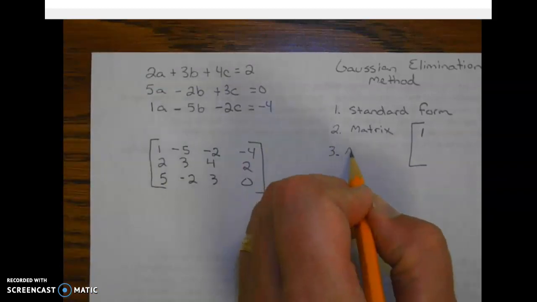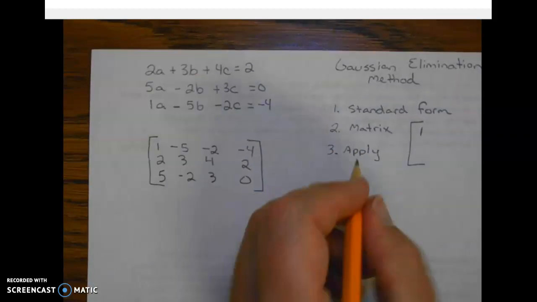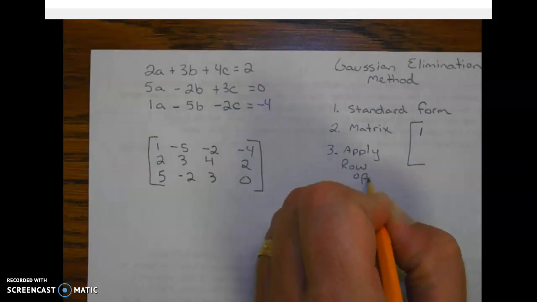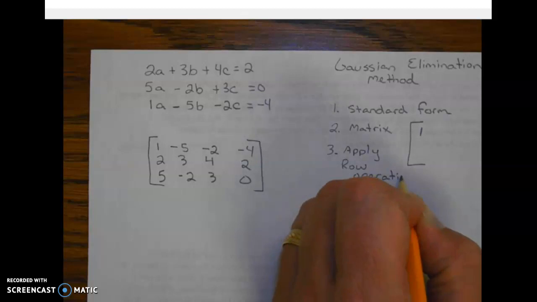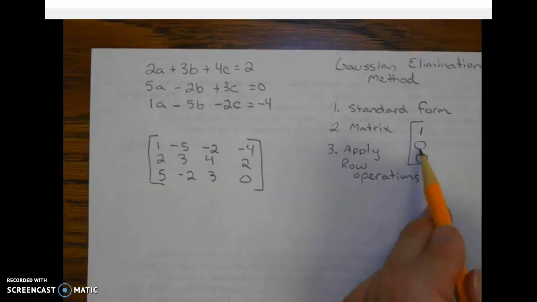Next, we need to apply the row operations, which I gave you in a previous video. So apply row operations. And so we want to get a 0 below the 1 in both of these two rows.